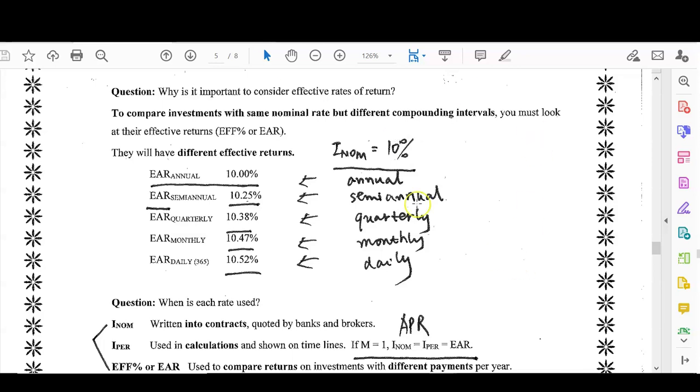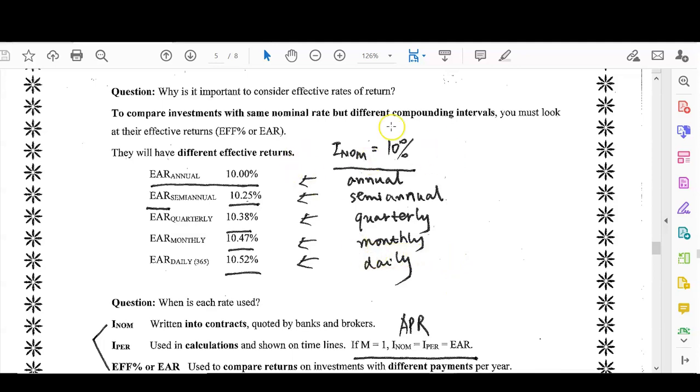For example, if Bank A says they can offer you a nominal rate of 10% at annual compounding, another bank is telling you they are offering 10% at semi-annual compounding. And we also have Bank C, Bank D, and Bank E giving you a 10% nominal rate at quarterly, monthly, or daily compounding. How are you going to choose? How are you going to compare them?